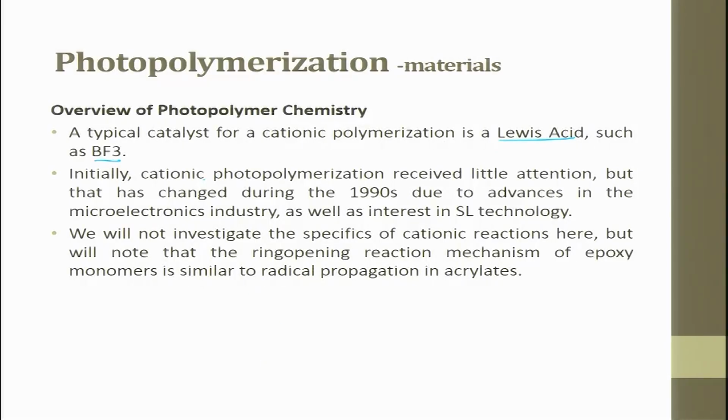Initially, cations for photopolymerization received little attention, but this changed during the 1990s due to advancement in the microelectronic industry and in SL. We will not investigate the specifics of cation reaction here, but will note that the ring opening reaction mechanism of epoxy is similar to radical polymerization.